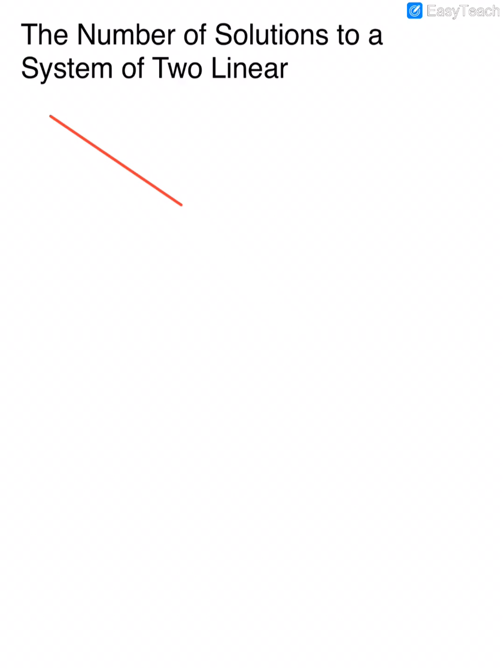If I have two lines that cross at one point like this, then we have one solution. That point where they cross, this point right here, is the solution to the system. So there's one solution, and this is called a consistent system.